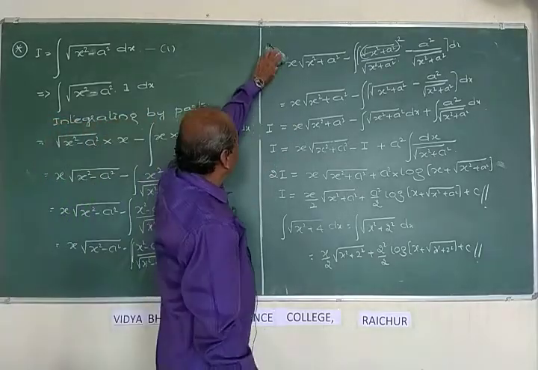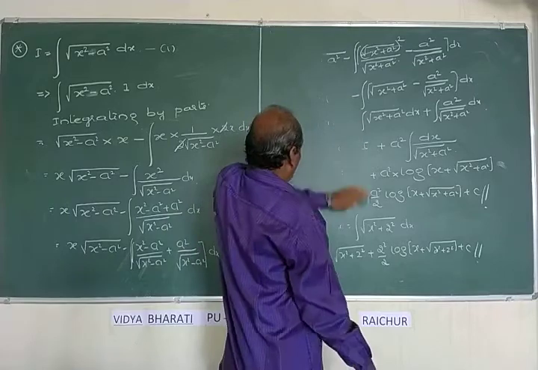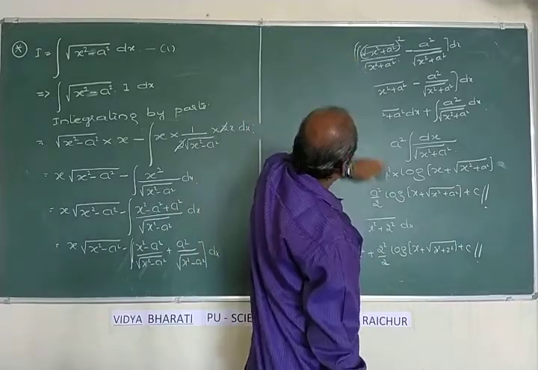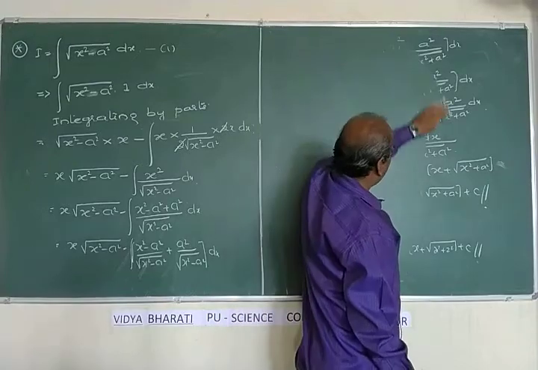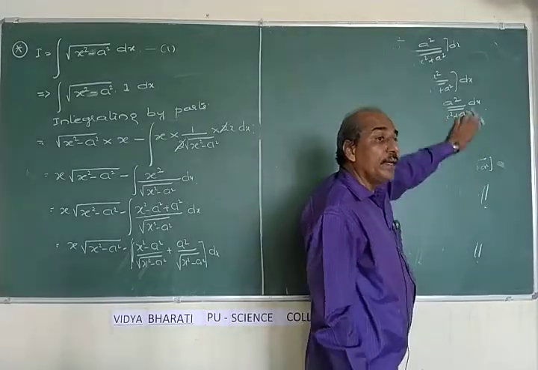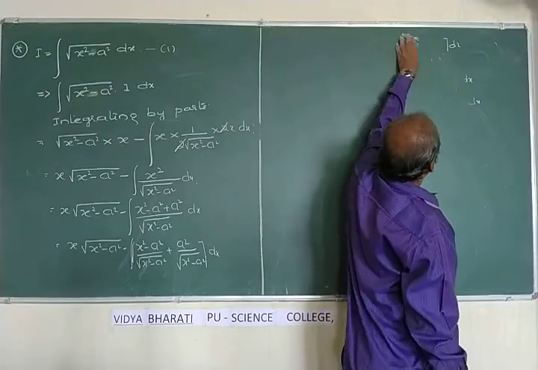Now here this step you observe, that is root of x square minus a square can be written as root of x square minus a square the whole square, like we did in earlier steps.